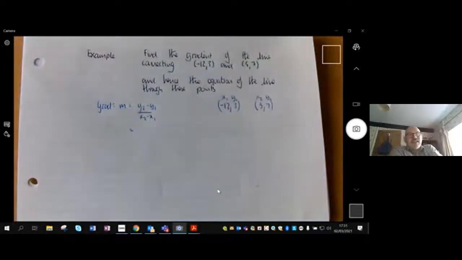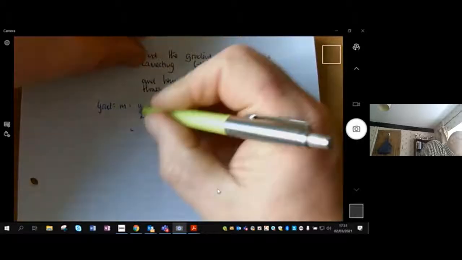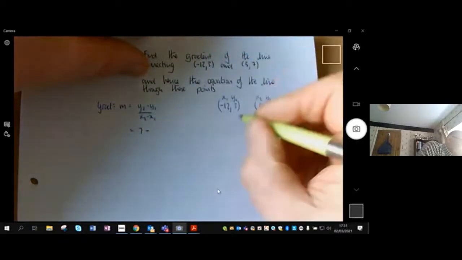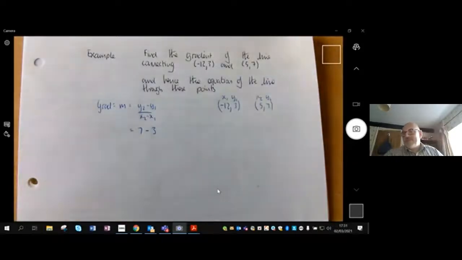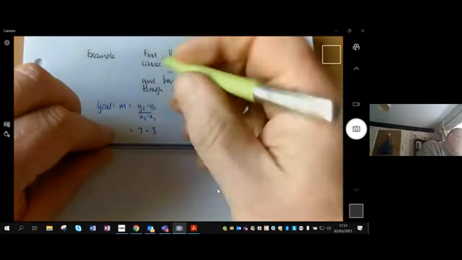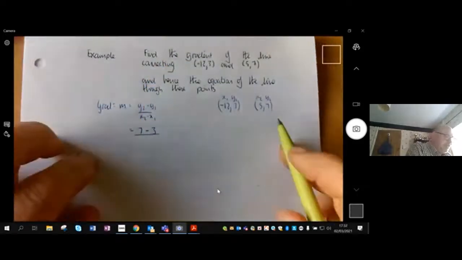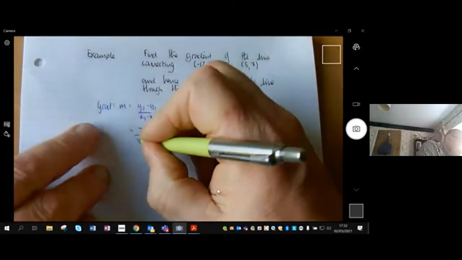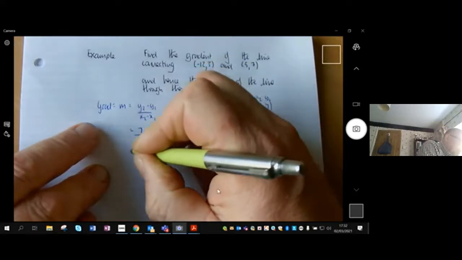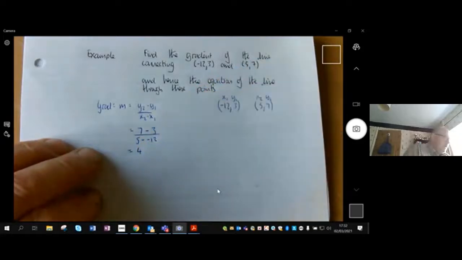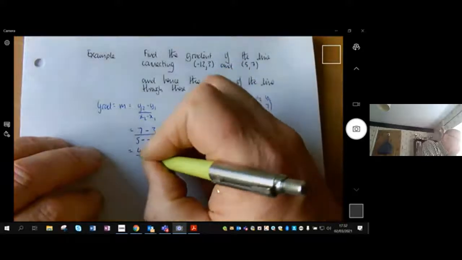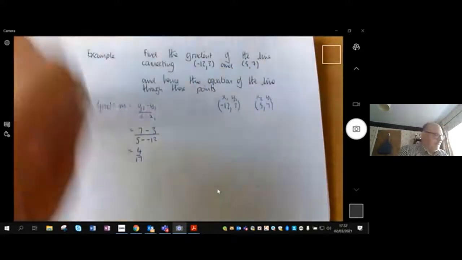Now, signs again. Signs is going to be your problem here. y2, 7 minus 3, all over, ruler, I want to be nice and neat, all over x2, 5 minus 12. 7 minus 3 is 4. 5 minus 12 is 17. 4 over 17.